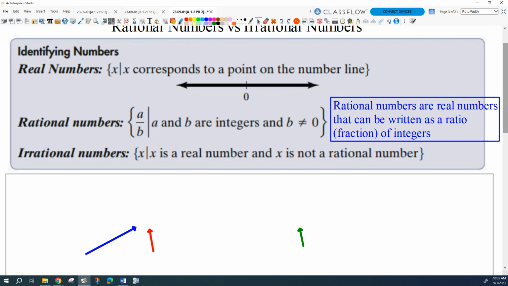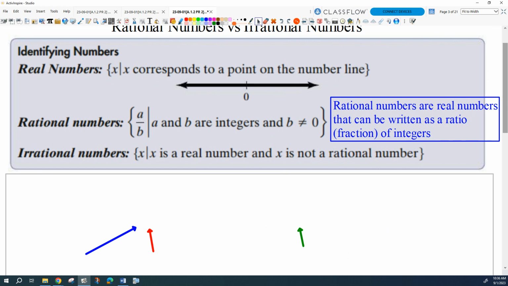Set of all x. Such that, there you go, x corresponds to a point on the number line, right? The number line contains all numbers, all real numbers. So therefore, any x that can be written on the number line has to be a real number, right? That's a good way to describe it.